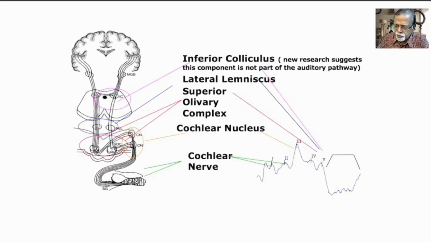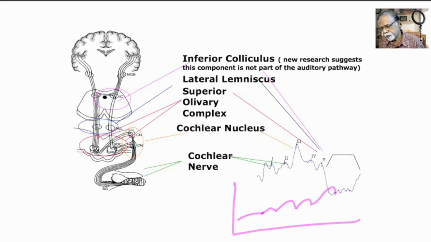Here you can see the first wave is from the cochlear nerve, then the cochlear nucleus, then the superior olivary nucleus, then the lateral lemniscus, and finally the inferior colliculus. So that is how the waveforms are formed.